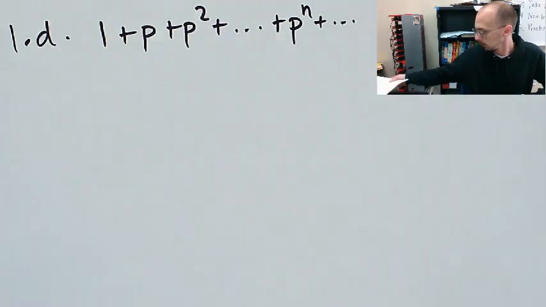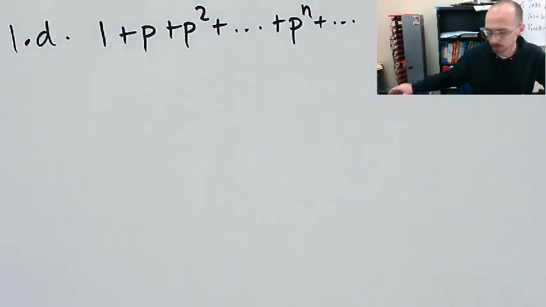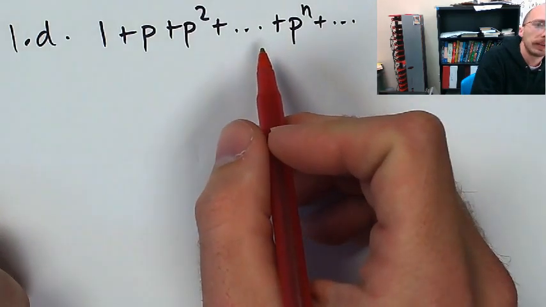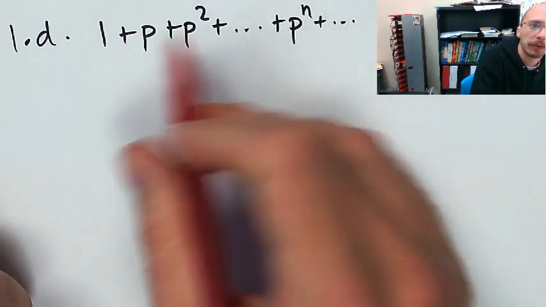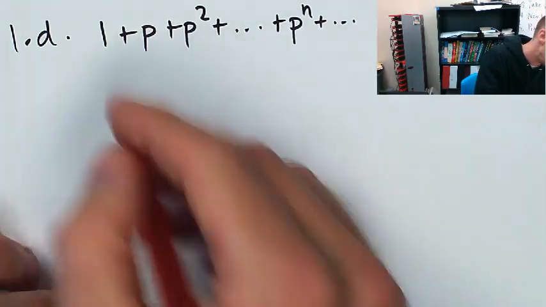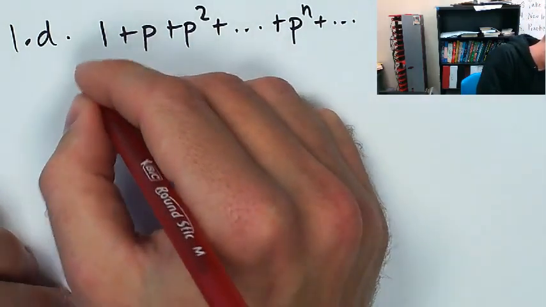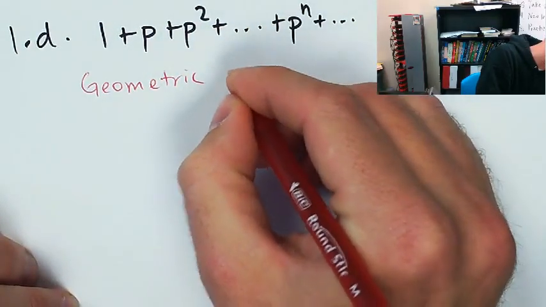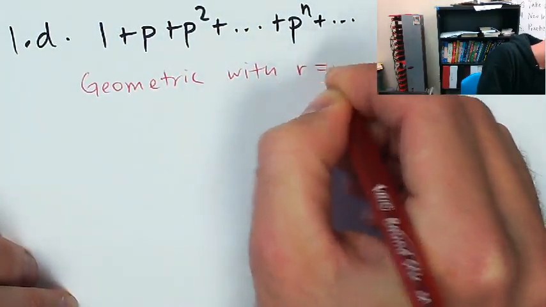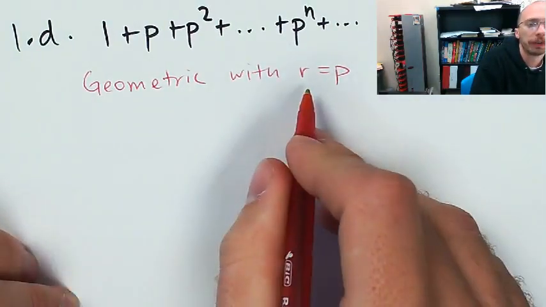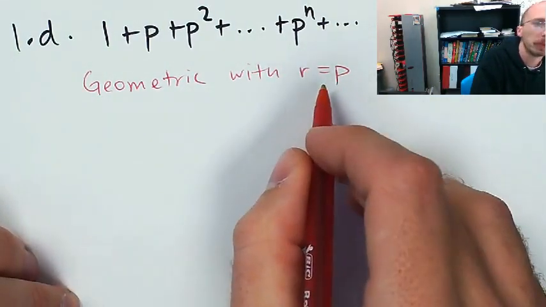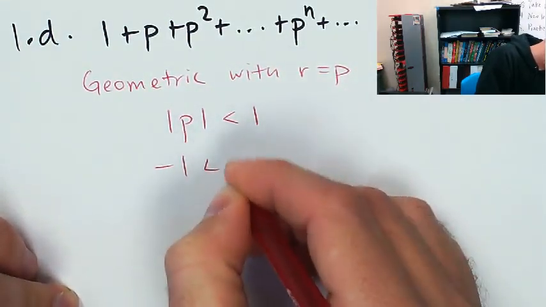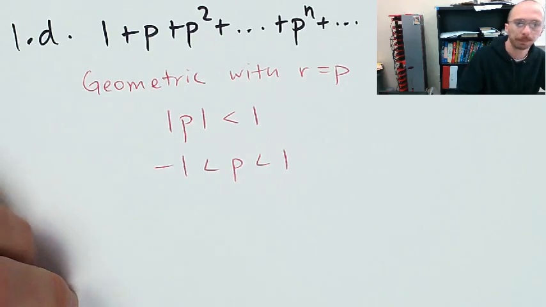So I'm going to say that this is a geometric series with common ratio p, right? Each time I multiply by p. Okay, we know that for a geometric series to converge, the absolute value of its ratio needs to be less than 1. So I've got the absolute value of p is less than 1, and so that's just p between negative 1 and 1.